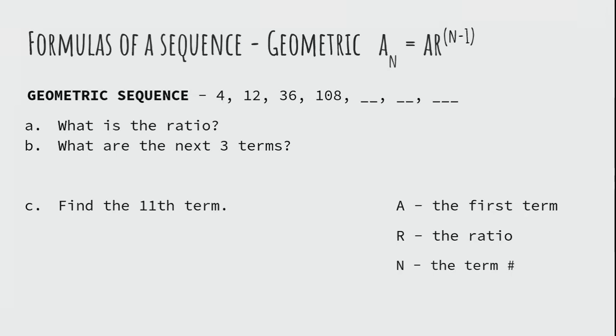We started with 4, we did something, and we got 12. We did that same thing to 12 and got 36. We did that same thing to 36 and got 108. What are we doing? Anybody? What we doing?